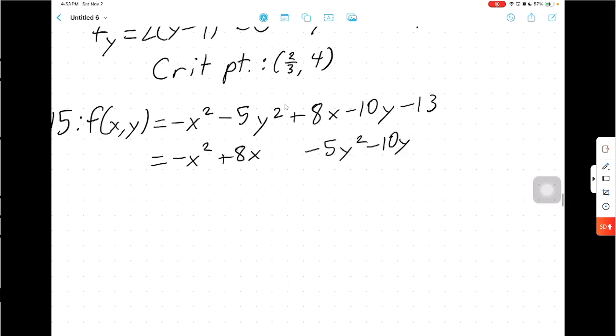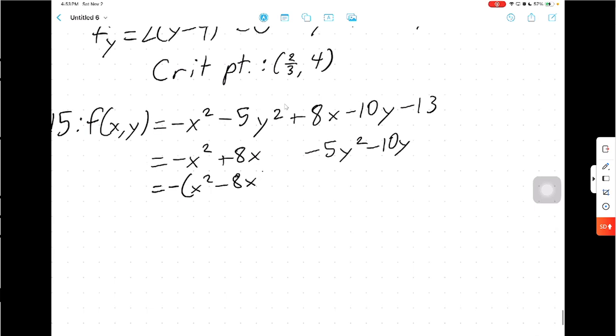For completing the square, the idea is first we're going to get a coefficient of 1 on the second degree term. And then we're going to try to make this a square. So here we're going to have x squared minus 8x. So we're going to subtract 16 in order to get this, and then we're going to add 16 back.